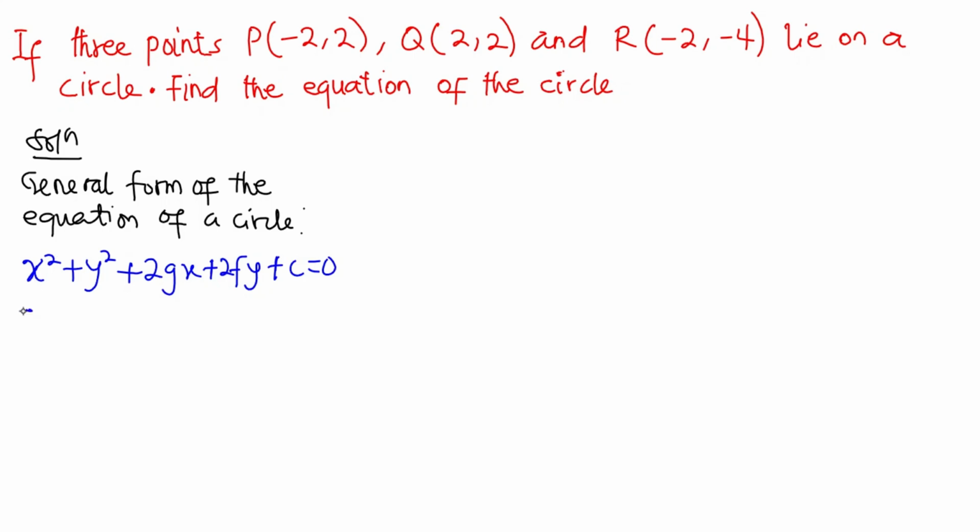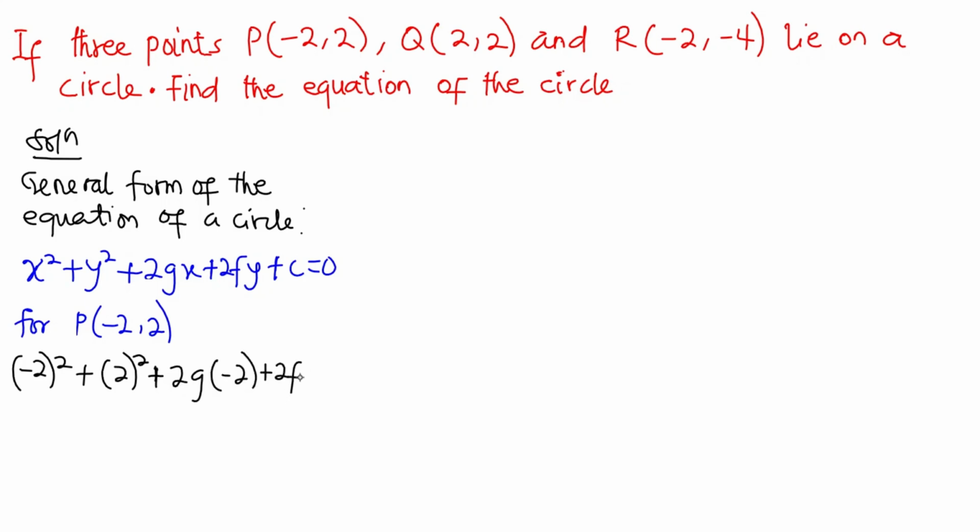So for point P, that is (-2, 2). By substitution into the general form of the equation of a circle, we know x to be negative 2, so negative 2 all squared, and y to be 2, so 2 squared, plus 2g times x, which is negative 2, plus 2f times y, which is 2, and then c remains c, equal to 0.